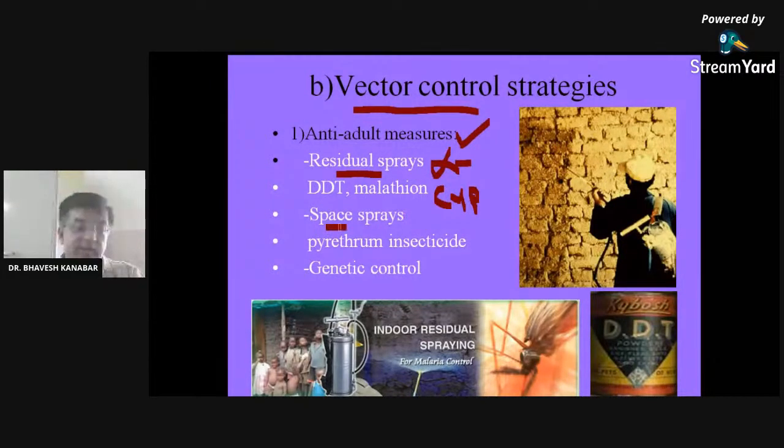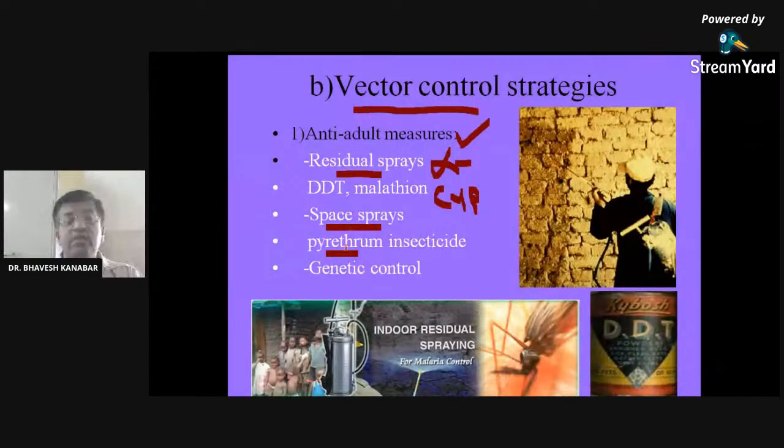Then space spray, it is used in space. Residual spray is used inside the house, indoor residual spray. Space spray is used in air, right? For that pyrethrum extract is used. For indoor residual spray, alpha cypermethrin. For space spray, pyrethrum is used.